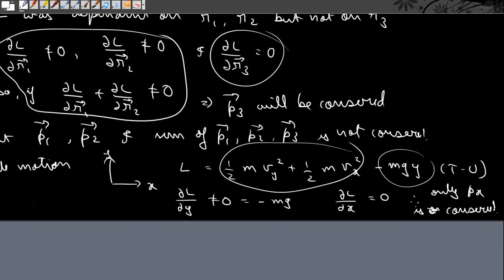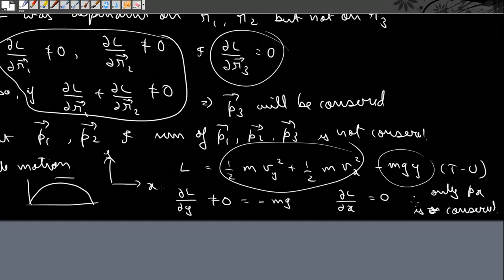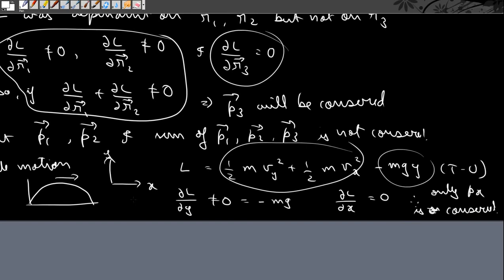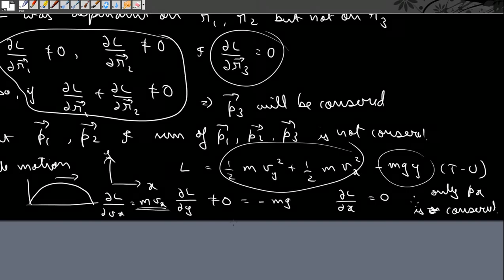And that is what we see in projectile motion, because the velocity in the x direction is constant and our momentum dou L by dou Vx becomes mvx, and since the x component of velocity is constant, this is also constant.